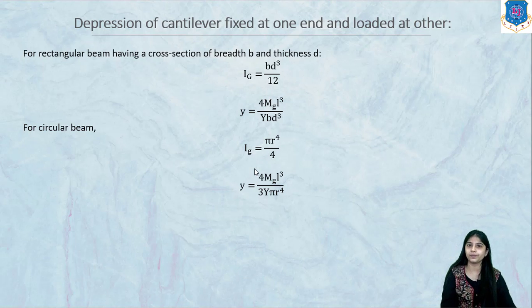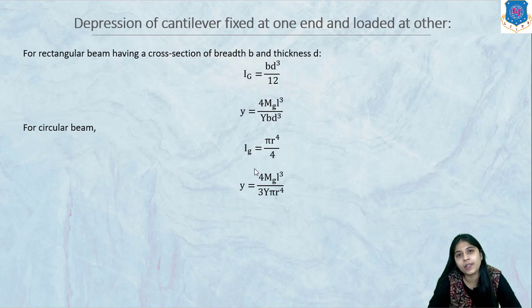Also, as you can see in this expression, if you want to reduce the depression, what will be the effective condition? You can decrease the length, or you can increase the thickness of the beam, so the depression will be reduced. It is inversely proportional to d cube, so this is the most effective way to decrease depression.